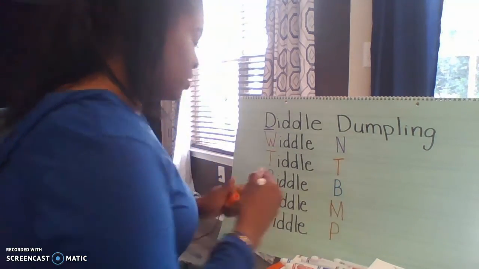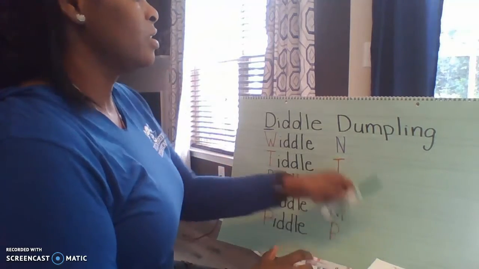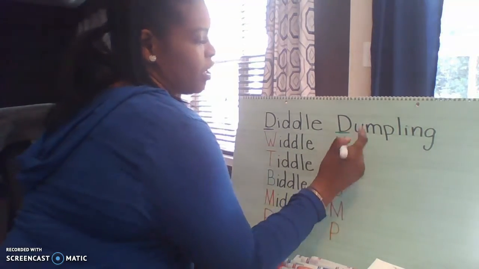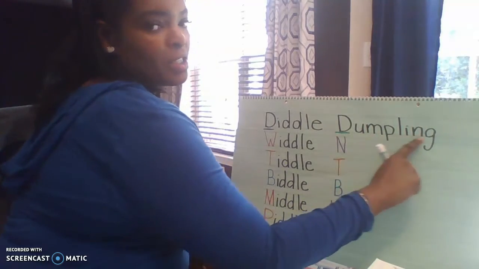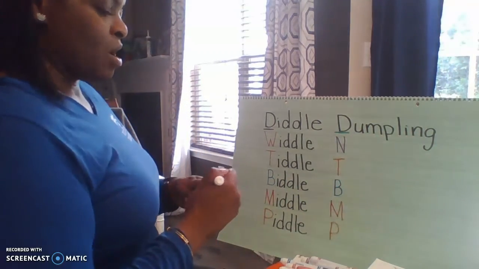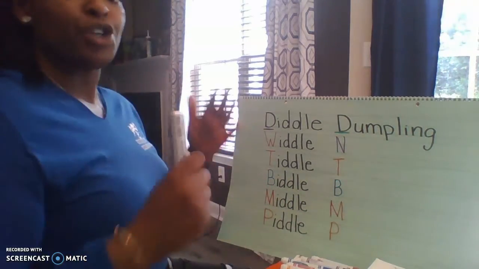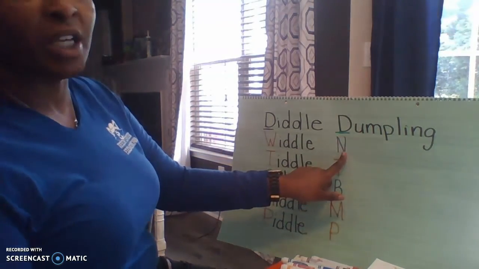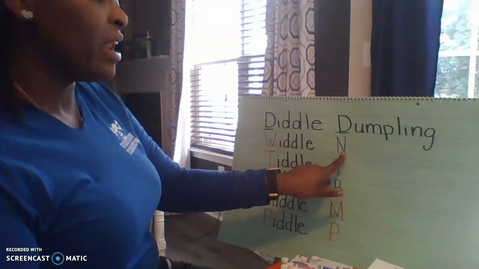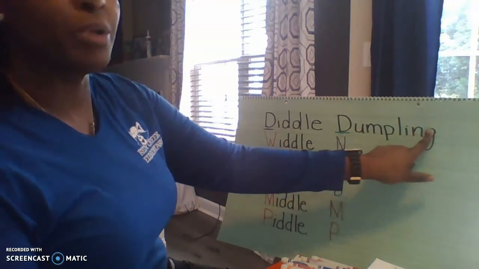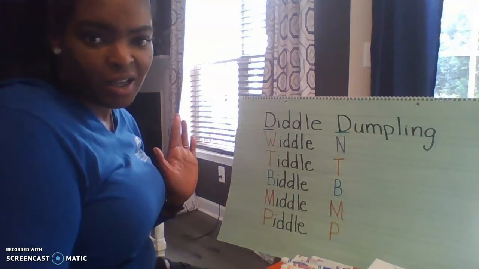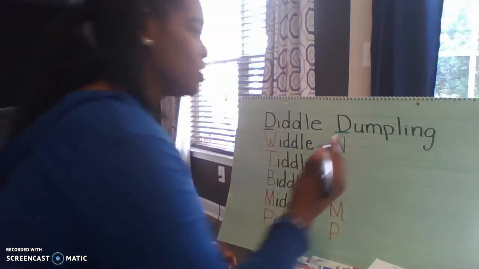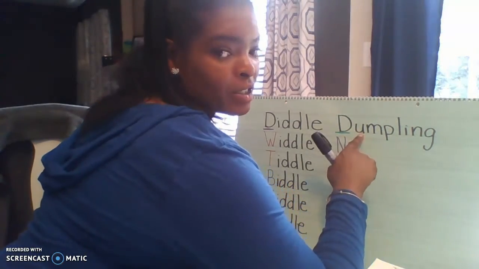And I'm also going to underline this beginning sound. And we're going to also utilize this ending sound. Are you ready? Here we go. So if I put the beginning sound N to umpling, what is that going to say? Numpling. Good job.